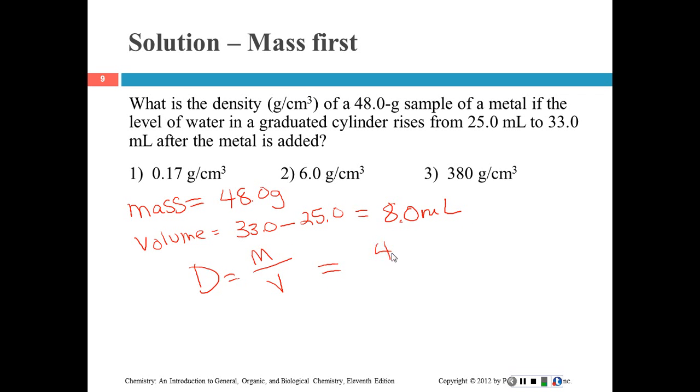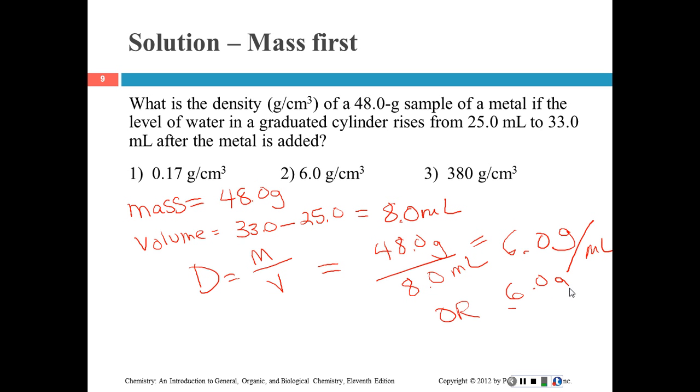So we've got 48.0 grams divided by 8.0 milliliters, and that is going to give us 6.0 grams per milliliter, or the same thing as 6.0 grams per cubic centimeter, because milliliters and cubic centimeters are the same. And so we would very strongly, confidently say answer 2 is correct.